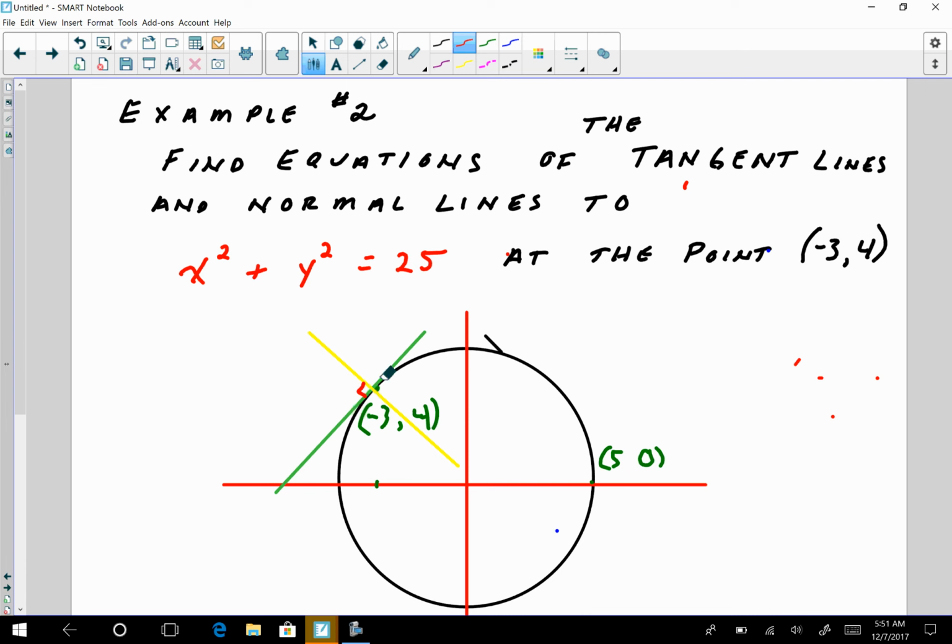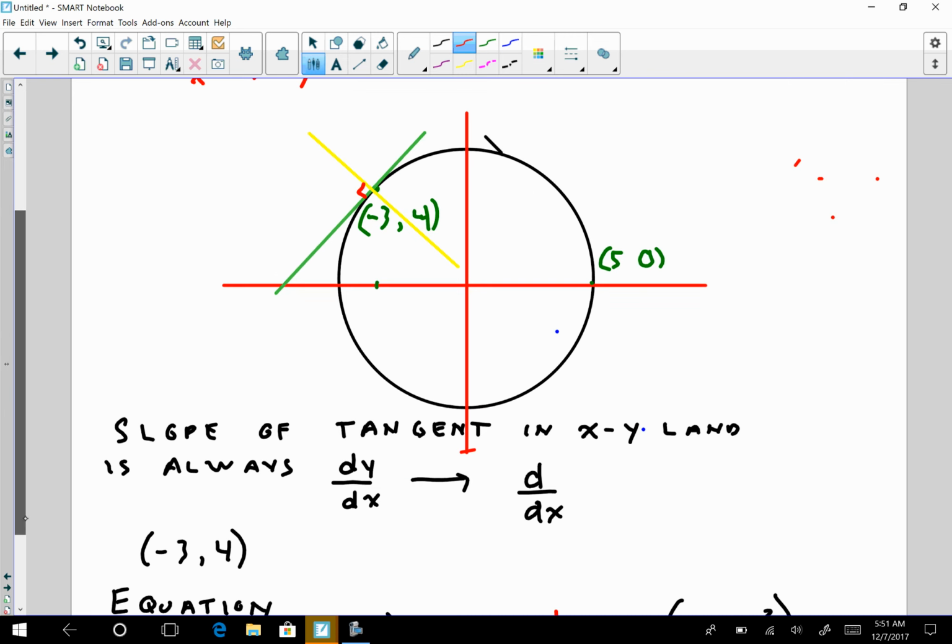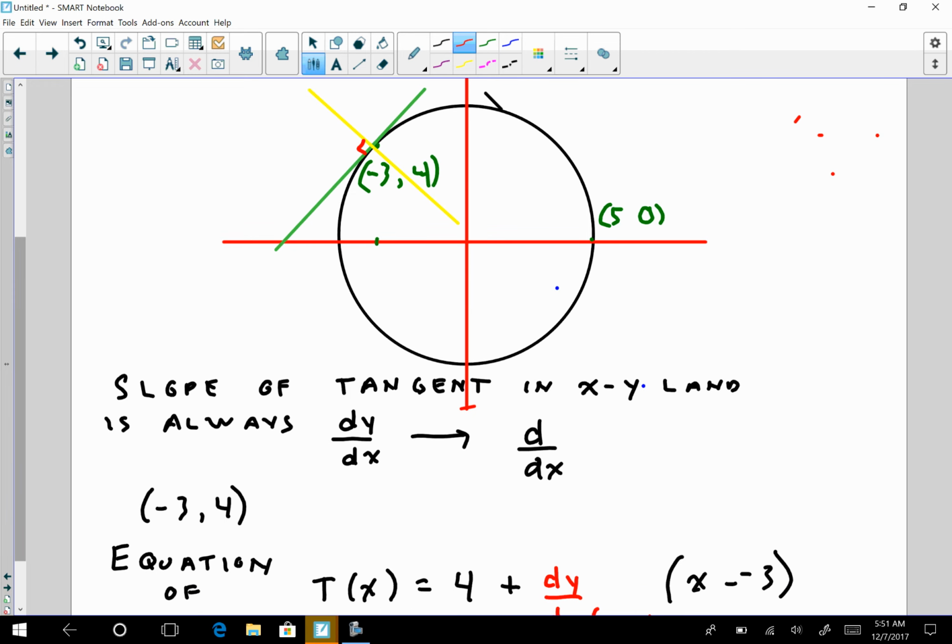form a perpendicular line. We know that two slopes are perpendicular if their product is equal to negative 1. So what I'm going to have to find, if I want the slope of a tangent line, if I'm talking about XY land, everything I graph in calculus at this stage of the game is graphed in XY land.